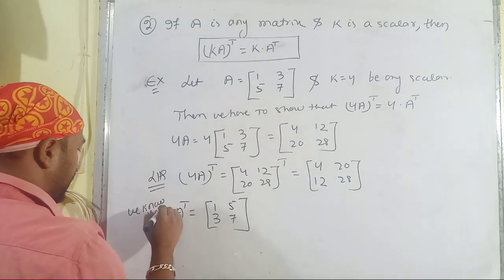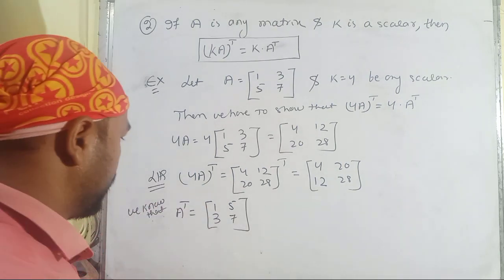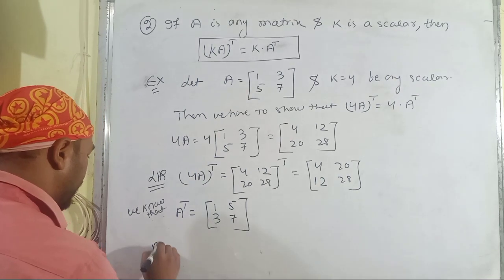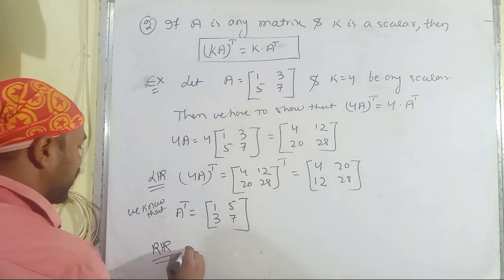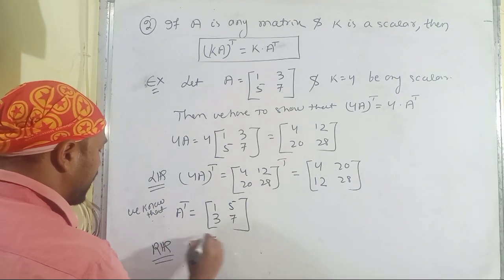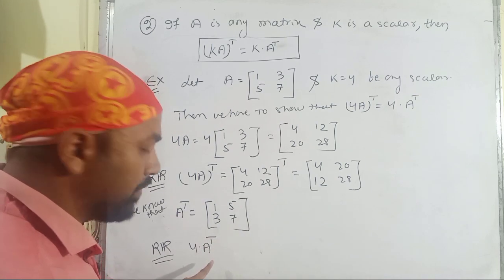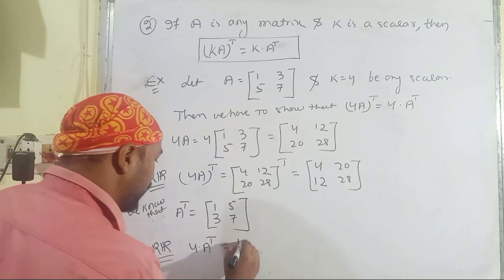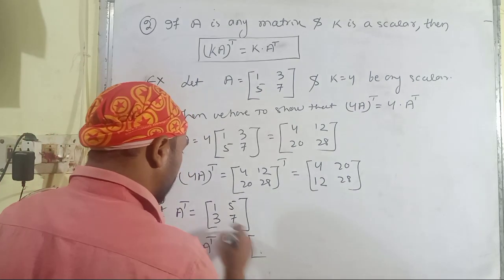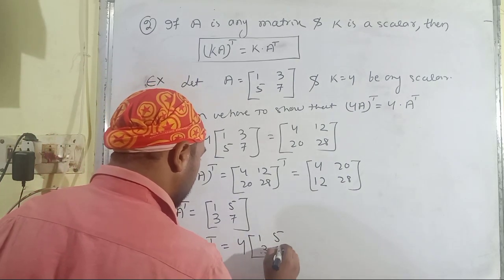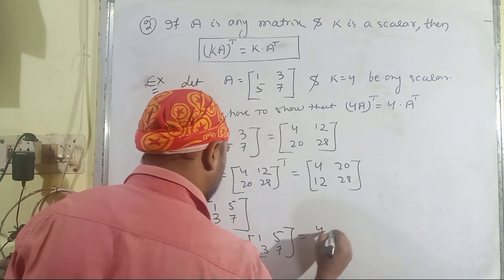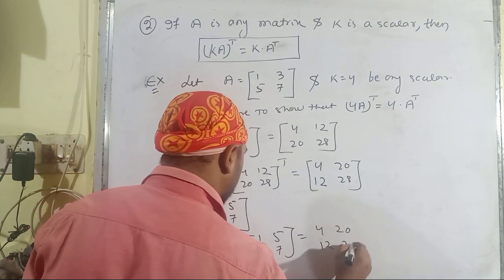In the right hand side part, we just have to multiply the scalar 4 with the transpose of the given matrix A. So it is 4 multiplied with A transpose, which is 1, 5, 3, 7, and here it is 4, 20, 12, 28.